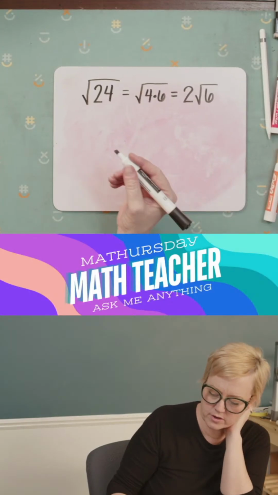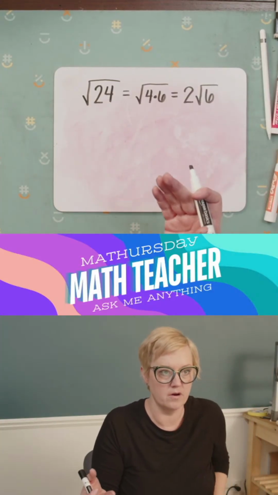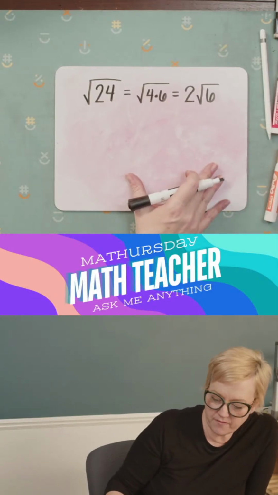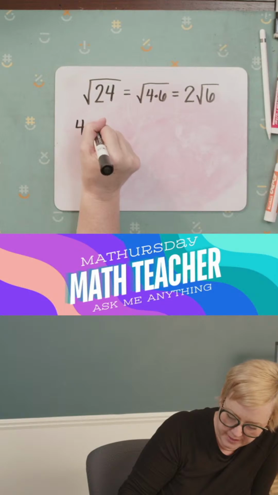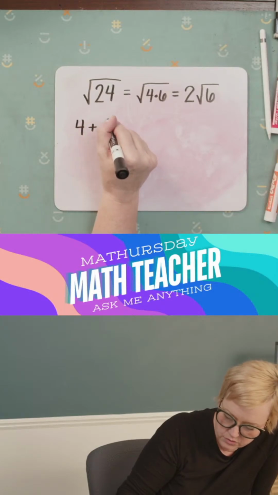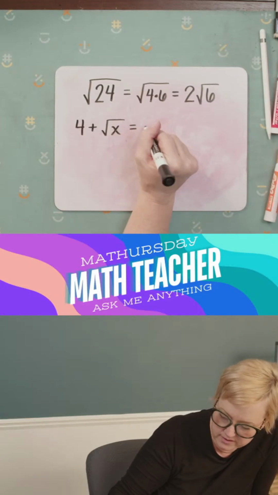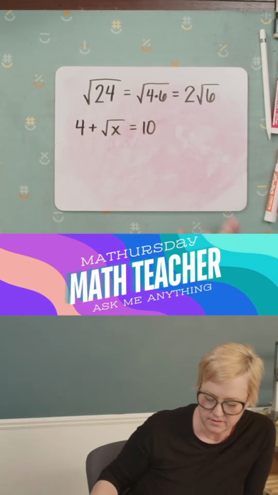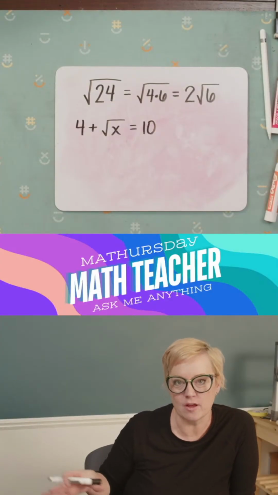Okay, so radical equations, I know is what you guys were kind of asking for. If I have something like 4 plus the square root of x equals 10, my goal is still the same, to get x by itself on one side.